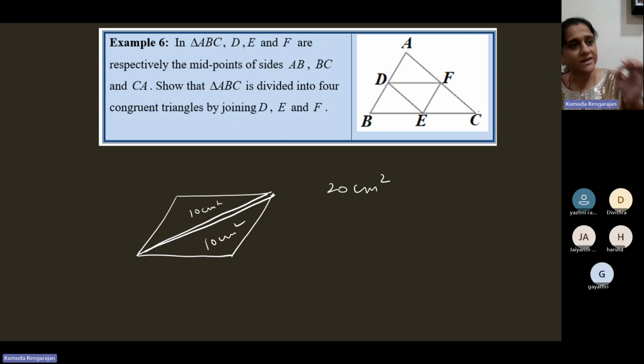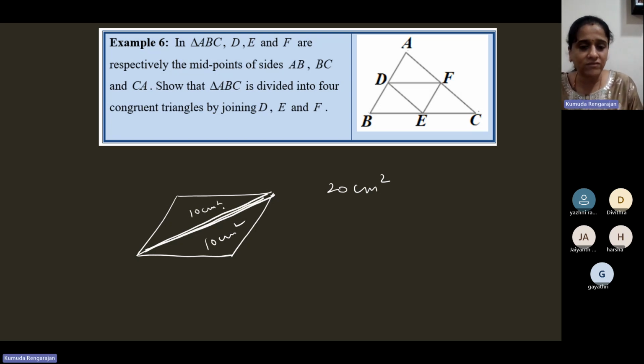Congruent triangles means identical triangles, and identical triangles have the same area. But when two triangles have the same area, they need not be identical.